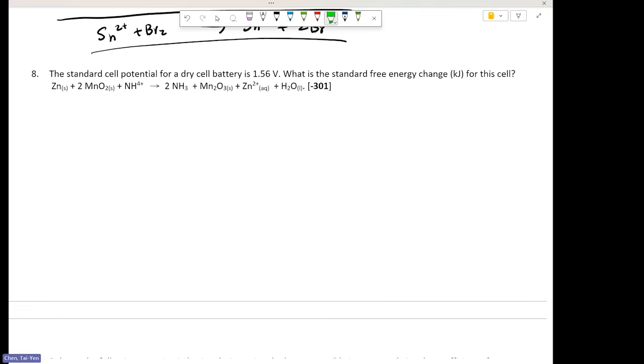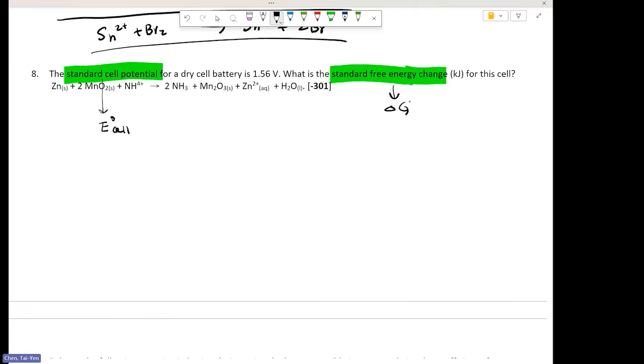So a few keywords, highlight this. What is this? Translate, okay, delta G. What else information do you have? Yes, very good. What is this? E. There you go.